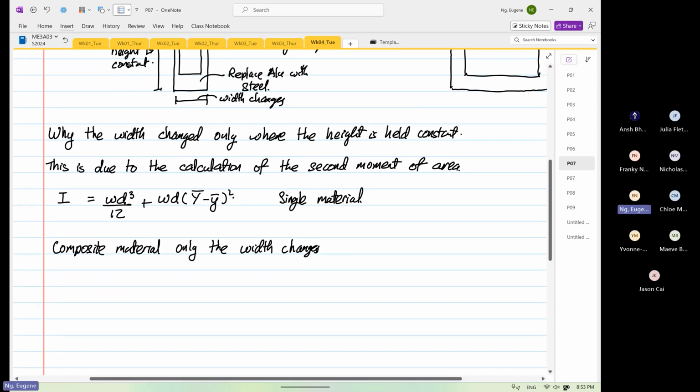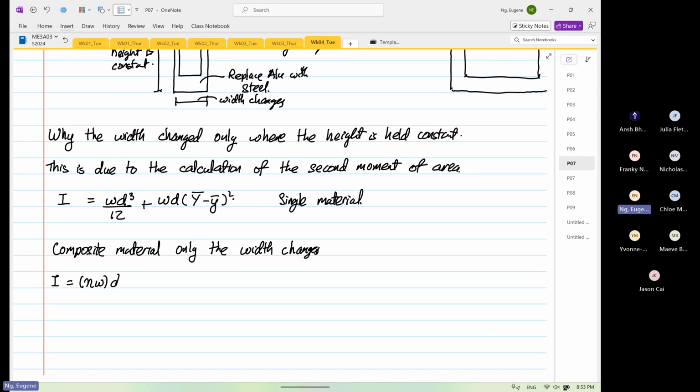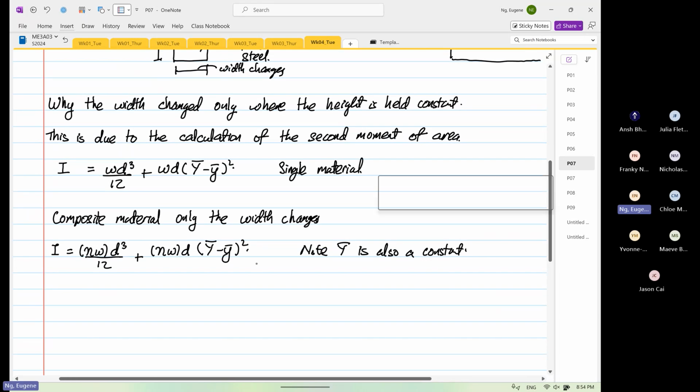So when we write the formula, I is equal to nw multiplied by d cubed over 12 plus nw multiplied by d and then Y bar minus small y bar squared. And note Y bar is also a constant.